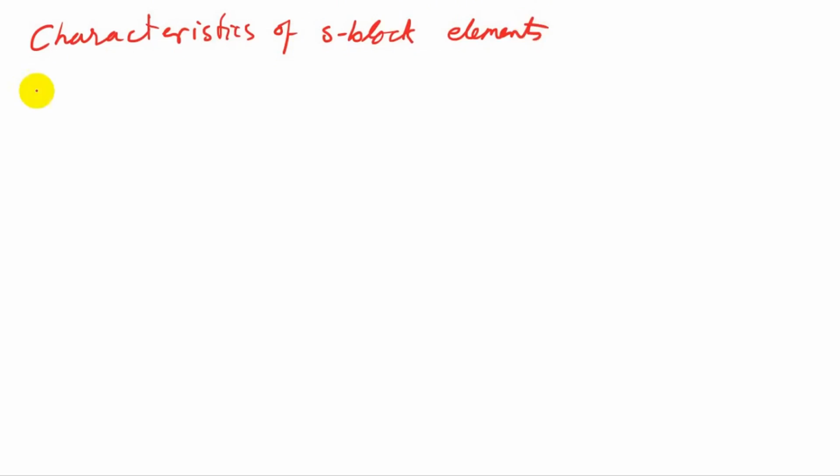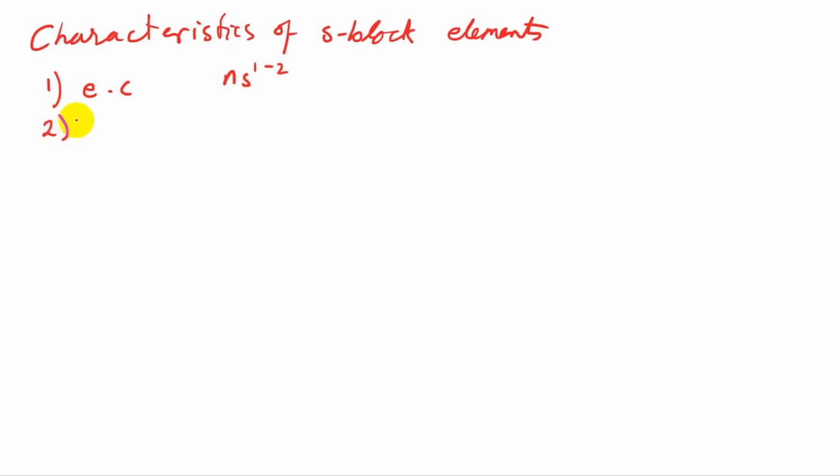Just tell me quickly. First one, I can always say the electronic configuration. What will be the electronic configuration? The outermost I gave you today only. It is ns1 or 2. If it is 1, it is alkali metals, and if it is 2, it is alkaline earth metals.